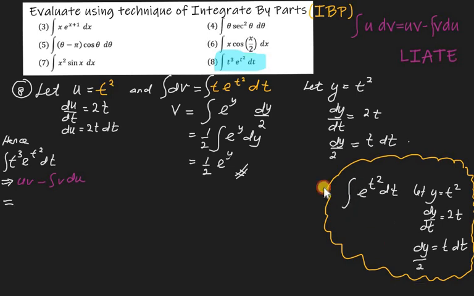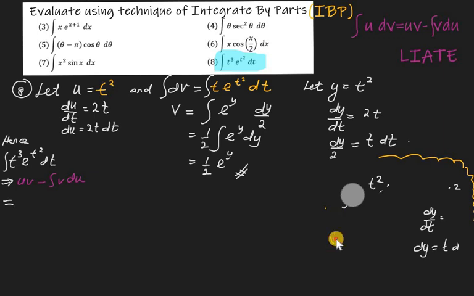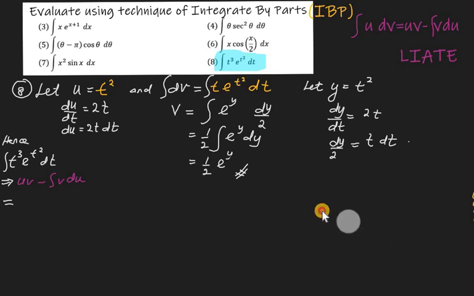Let me erase this part. So next, let's solve the question now. We have got the v and our u is only t squared. Let's replace into the formula of our IBP.